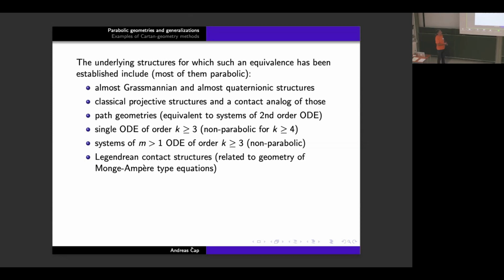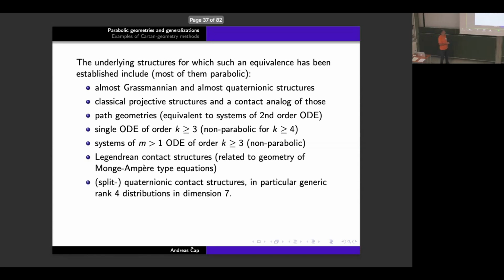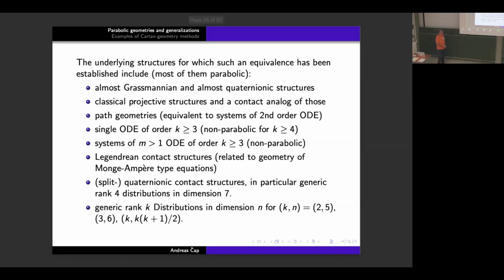Then there are Legendrian contact structures, which are like a real analog of CR structures and are related to the geometry of Monge-Ampère type equations. Then split quaternionic contact structures, in particular generic rank 4 distributions in dimension 7, which are closely related to instantons and stuff like that. And then there is a large family of generic distributions.